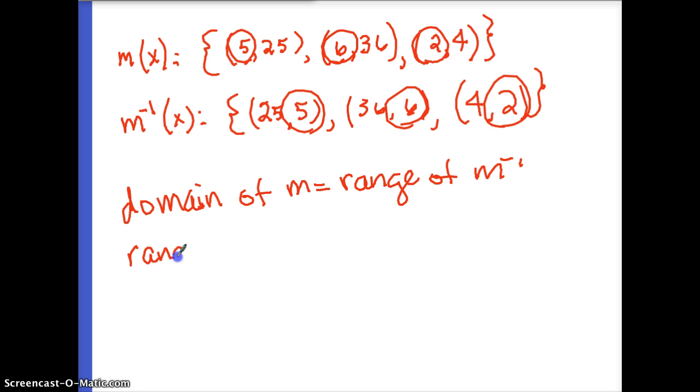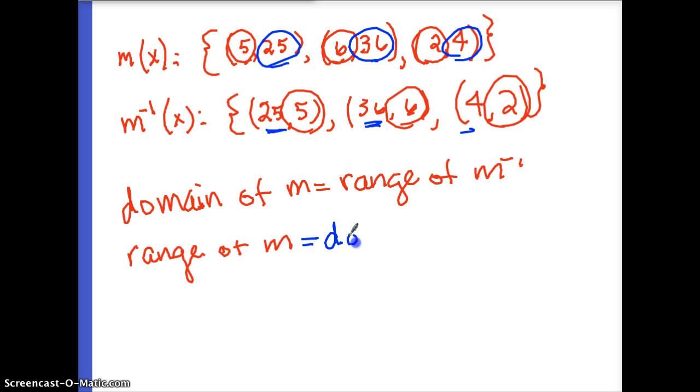Similarly, the range of m, if you look at those numbers, 25, 36, 4, they become the domain of the inverse. The domain of the inverse.